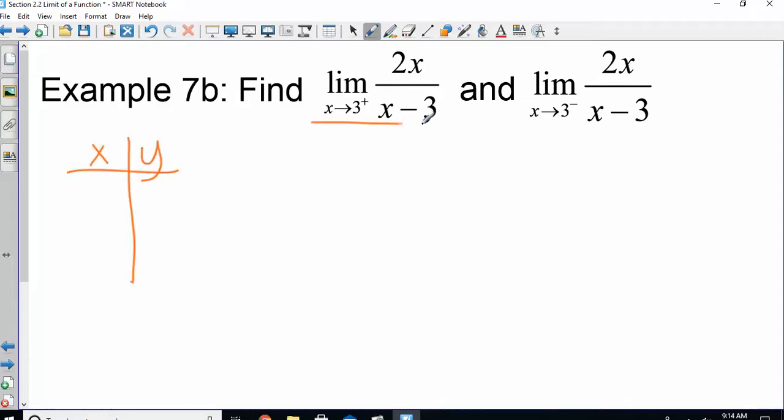If I'm doing the first one, just to do this first limit, do I require 2 tables? No. That's only saying the limit as you approach 3 from the right, so numbers bigger than 3.